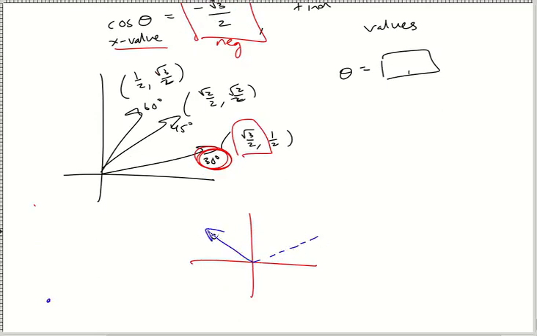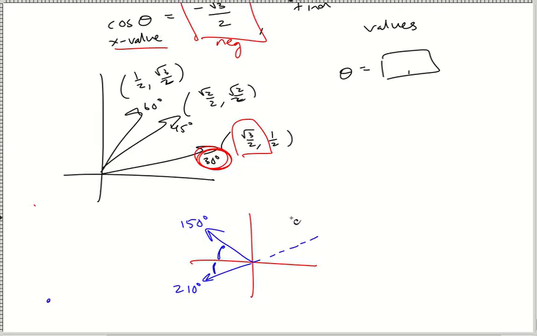What I use instead is 150 degrees and 210 degrees. Cool. Notice that again, these are my reference angles. My reference angle would be the 30 degrees for both of them. And cosine is negative. Awesome.